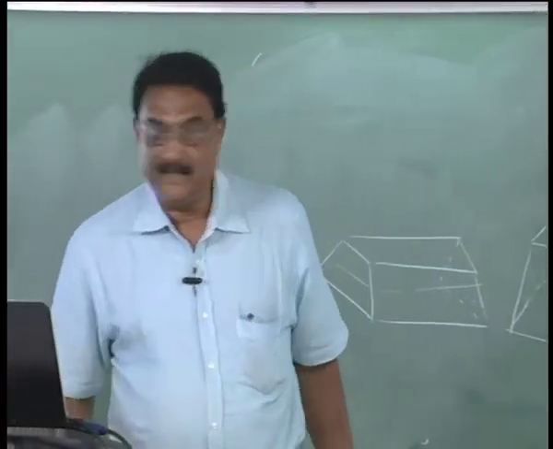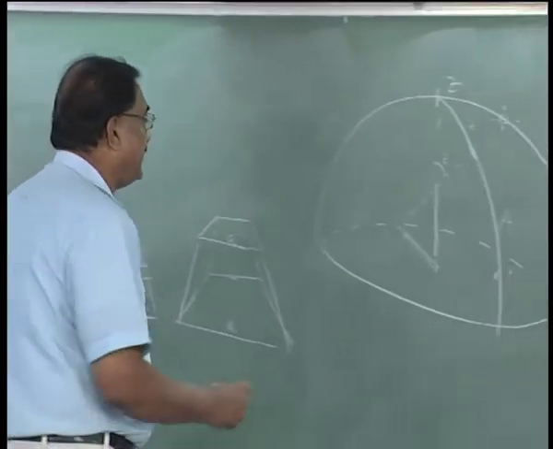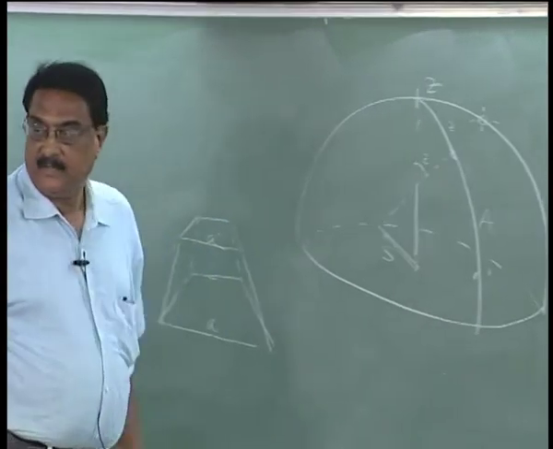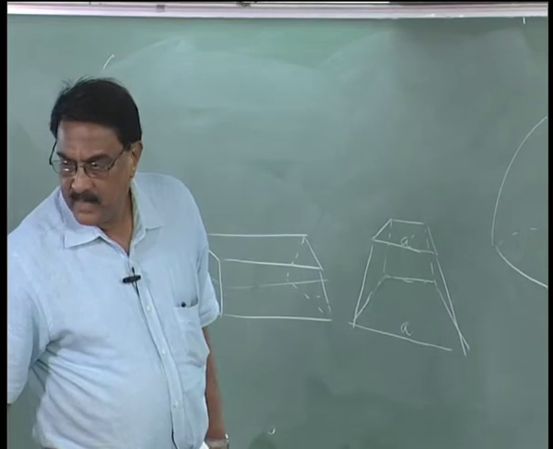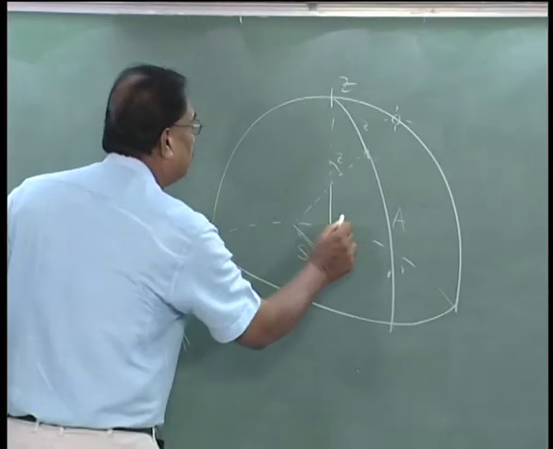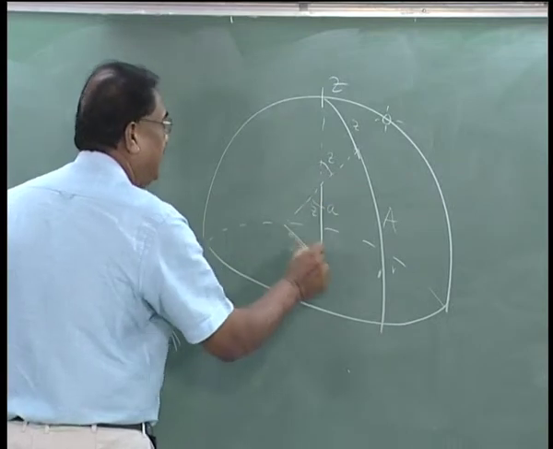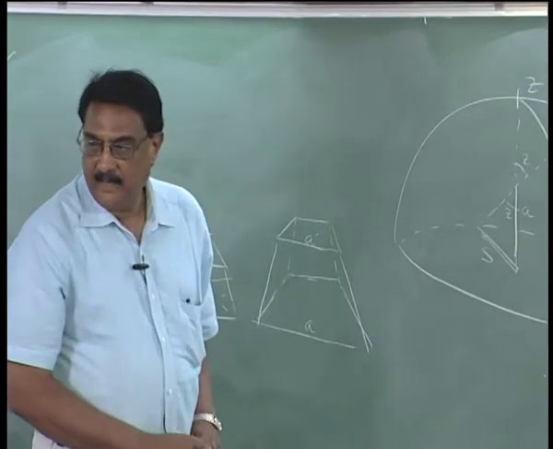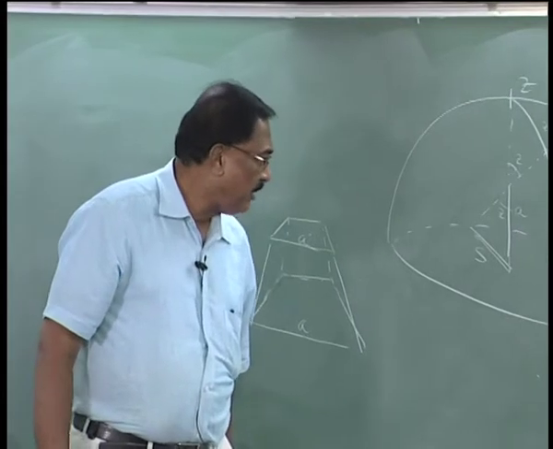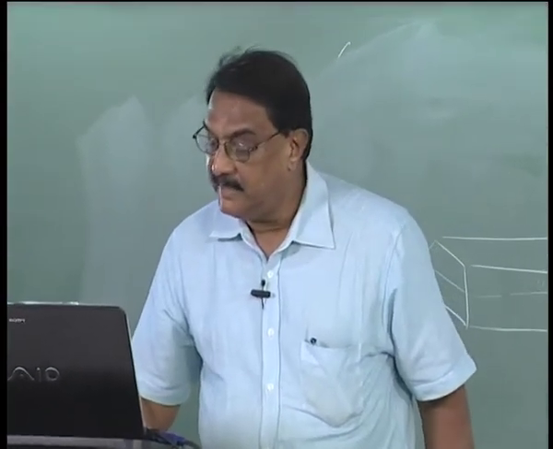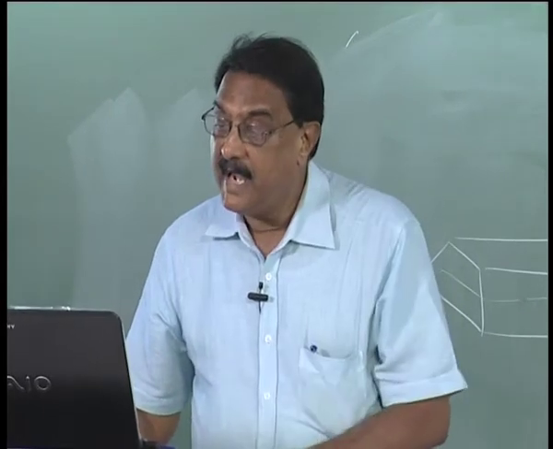So if S is the shadow and A is the gnomon height, then this is also Z, so tan Z is S by A, which is the correct result, tan Z or cot A, because A plus Z is 90 degrees. So this is correct.